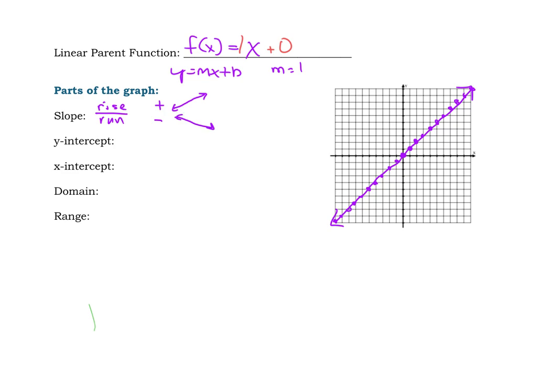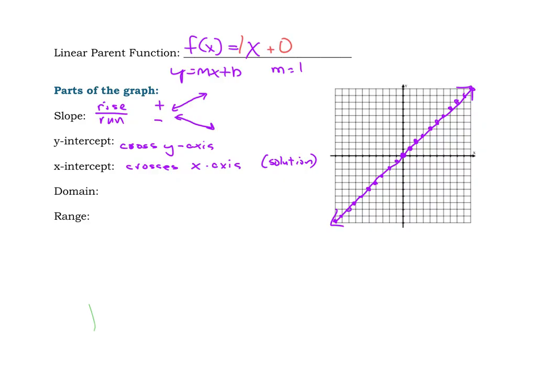The y-intercept is where the graph crosses the y-axis, and the x-intercept is where the graph crosses the x-axis. Now, what's special about the x-intercept is this is also the solution to the graph, or solution to the equation.